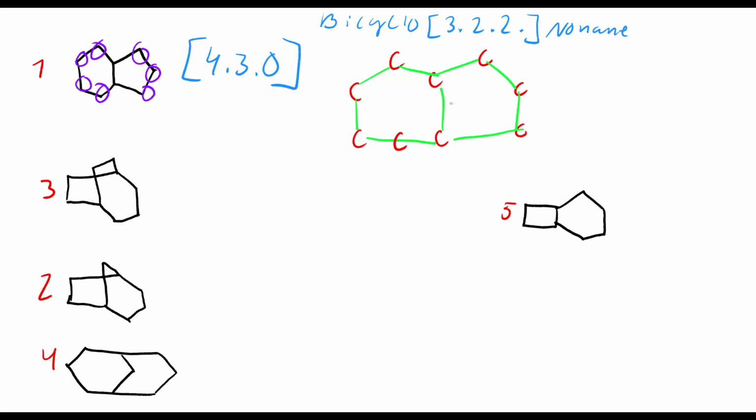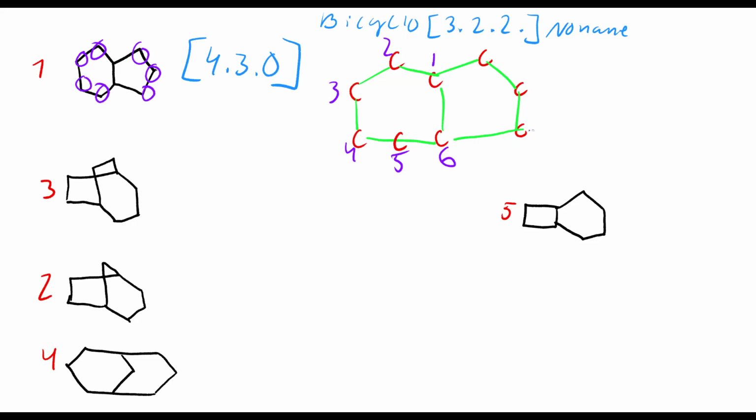So I'm going to start numbering from the longest chain. I'm going to say this is a 1, 2, 3, 4, 5. Actually, we start numbering from the bridgehead. 1, 2, 3, 4, 5, and 6. And then from the second bridgehead, we start numbering from the smallest chain.